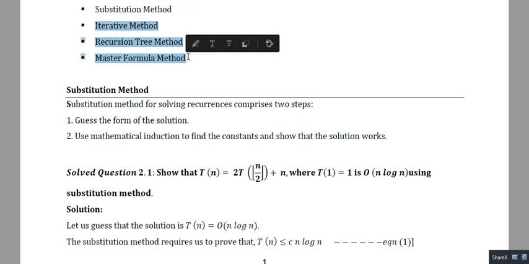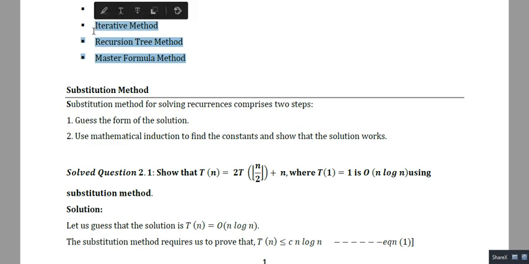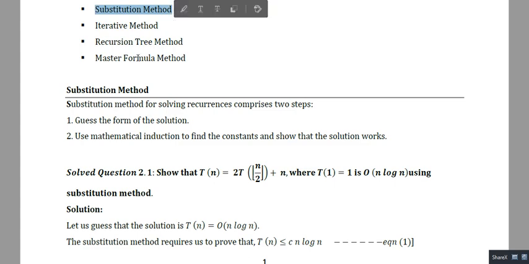Once we guess the solution using those methods, we can claim that the solution is correct by applying the substitution method using the principle of mathematical induction.